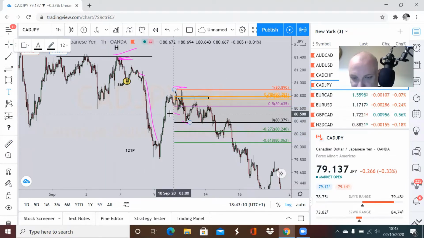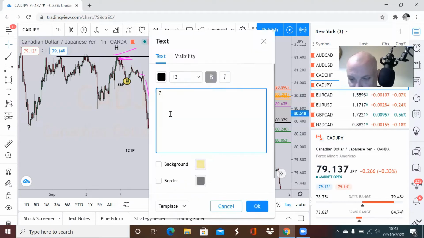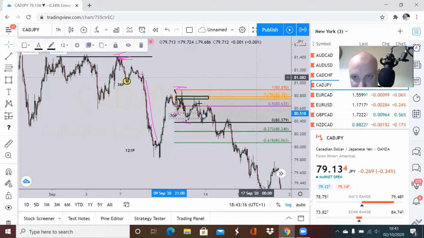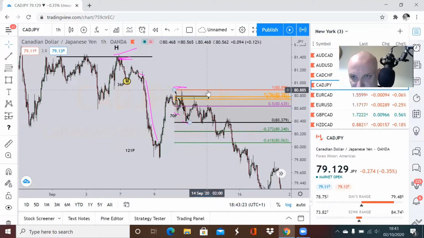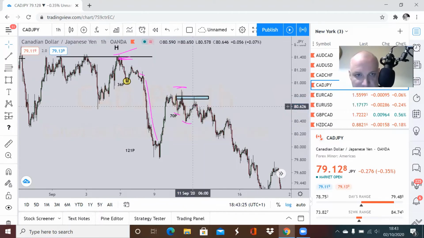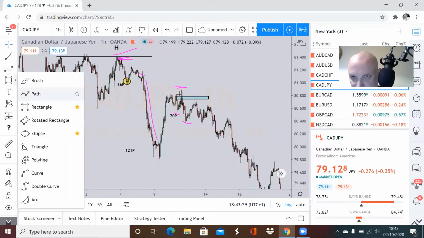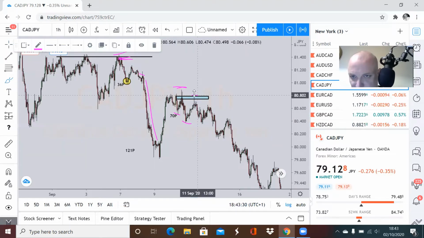Just going to write on here 70 pips. Let's mark the next area down, the next high is here. Okay. And then we're coming down to this.